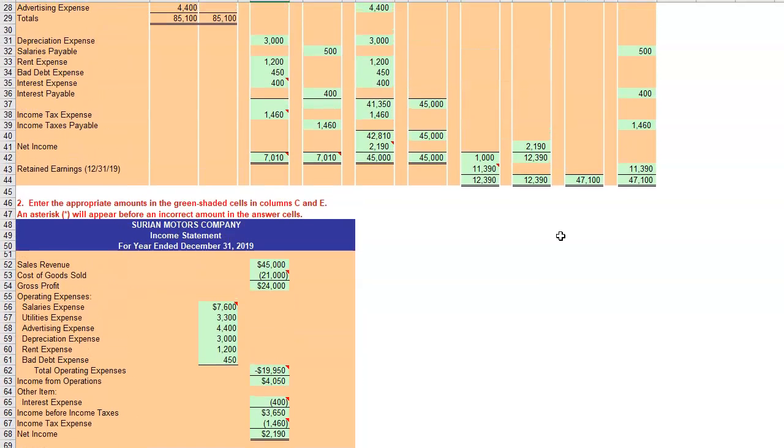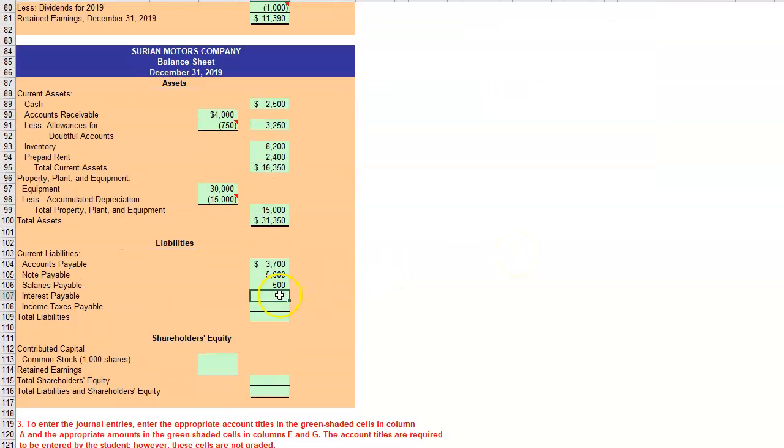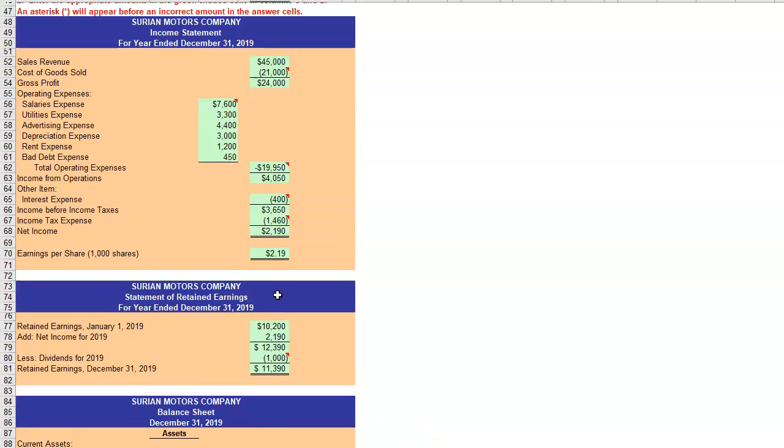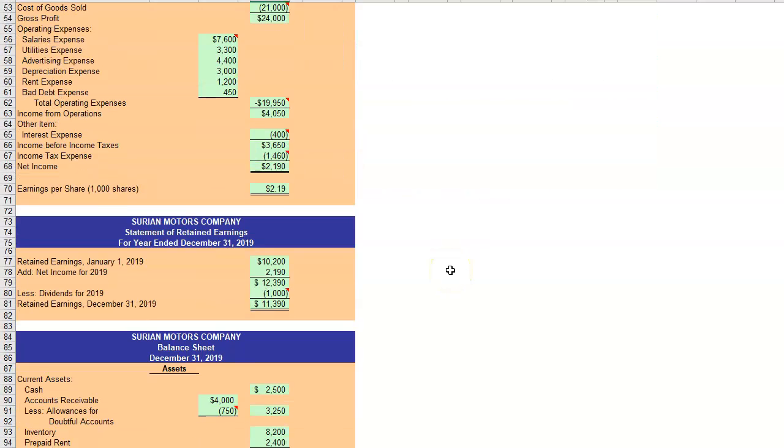Interest payable is 400. And income tax payable is $1,460.